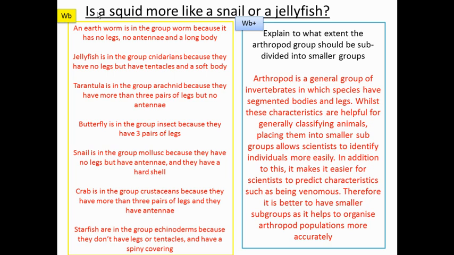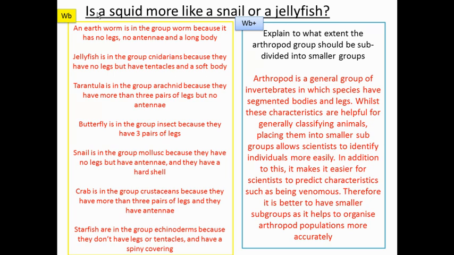So why should we further subdivide the arthropod group? Arthropod is a general group of invertebrates in which species have segmented bodies and legs. Okay, so they've got different numbers of legs, different segments of different parts of their bodies. Whilst these characteristics are helpful for generally classifying animals, placing them into smaller subgroups allows scientists to identify individuals more easily.